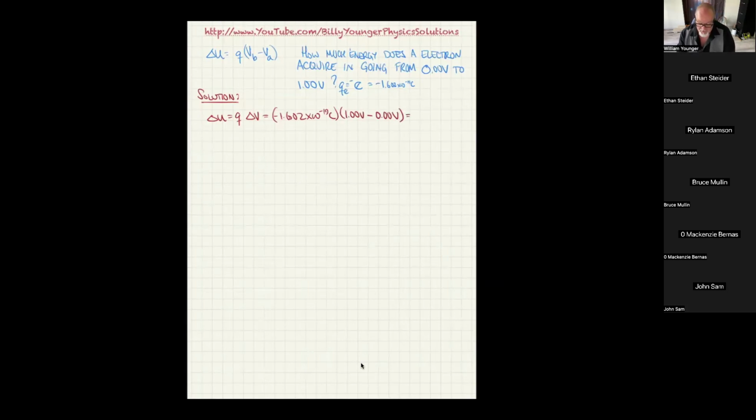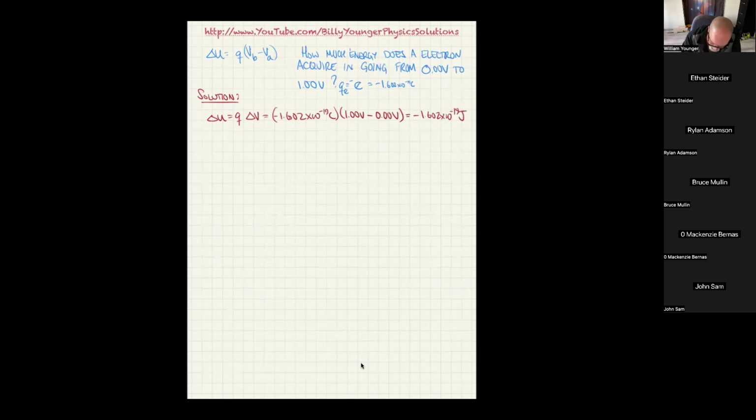That actually is taking the particle from the zero voltage to the high voltage point, and that's the direction it wants to go. So we're actually going to get a decrease in potential energy, because that's what electrons naturally do. More specifically, what we get is negative 1.602 times 10 to the negative 19th joules.